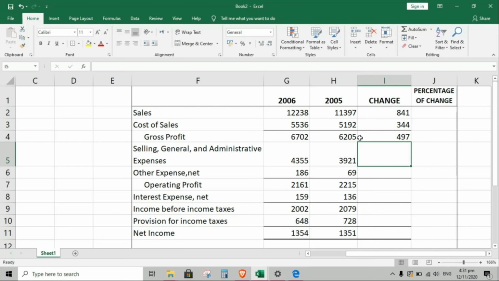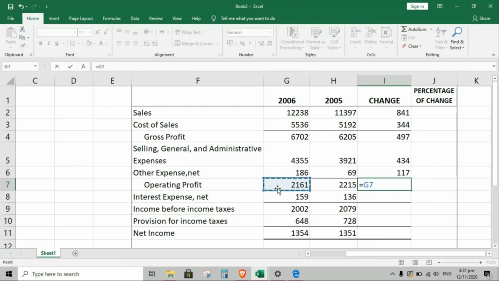Actually, pwede ko siyang i-compute kaagad ng dire-diretso, pero baka mas maganda rin paulit-ulit para yung iba mas mag-gets nila. 4,355 minus 3,921 equals 434. 186 minus 69 equals 117.